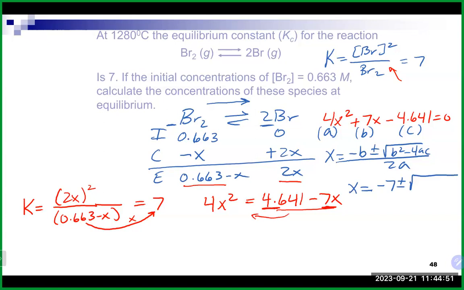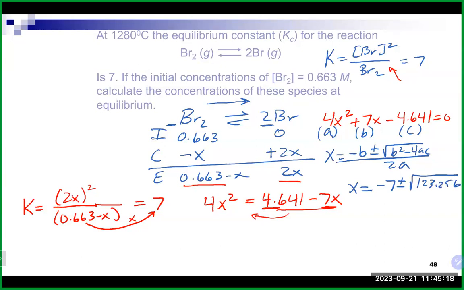Now, if you put all that into the square root part, you will get 7 squared minus 4 times a, which is 4, times c, which is negative 4.641. Inside the square root, before you take the square root, you should get something like 123.256.